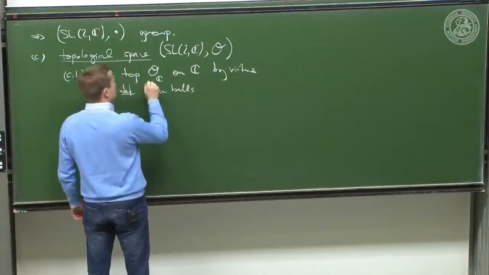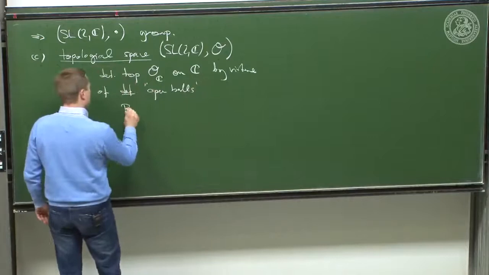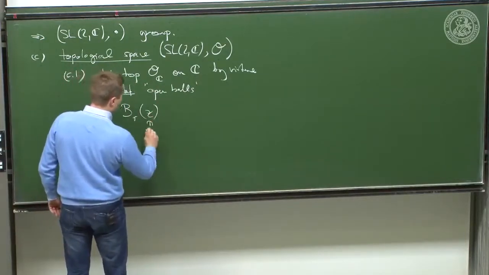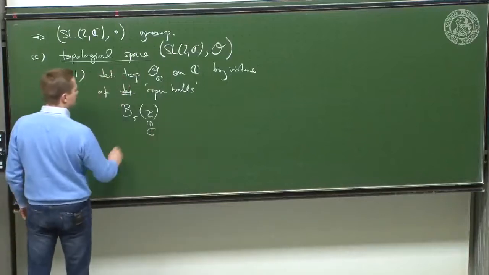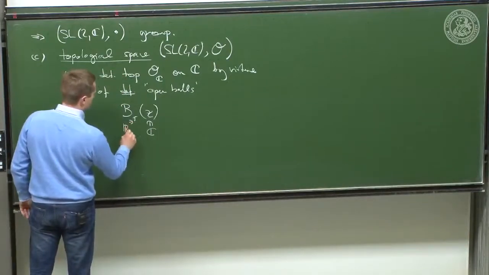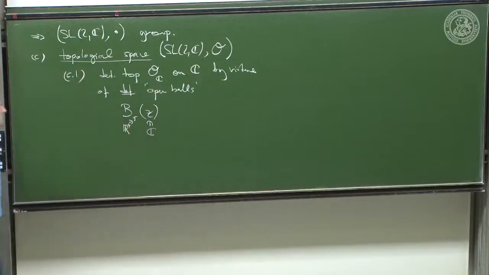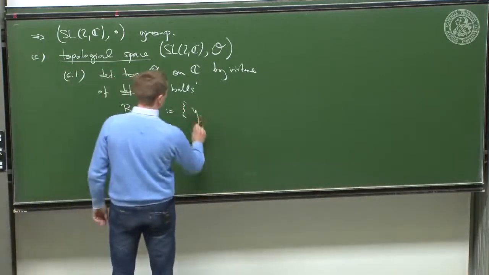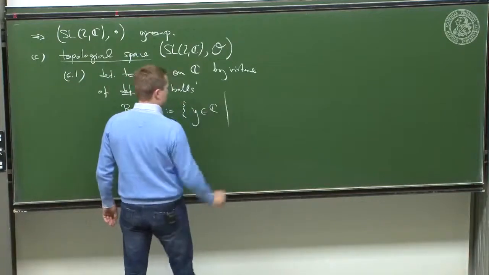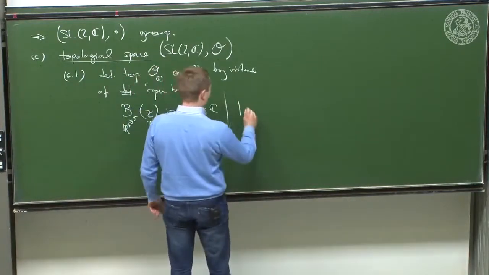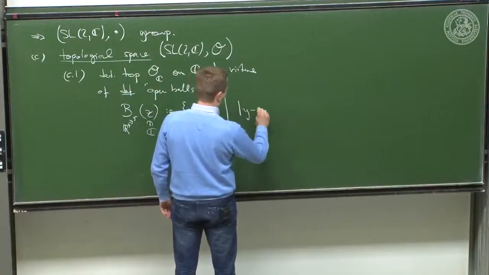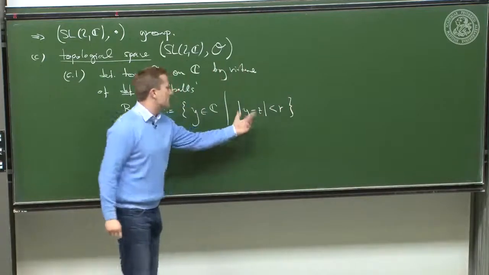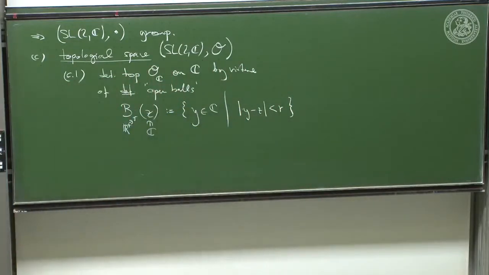Open balls, well, that's just a name. The open balls B sub r of a point z in the complex numbers, and r is still in R plus. And here we take simply all the complex numbers y for which it's true that the absolute value of y minus z is less than r. And this is now, of course, the absolute value on the complex numbers.